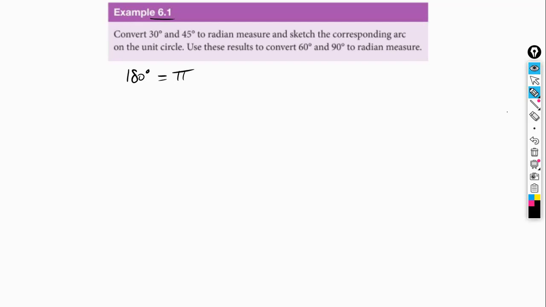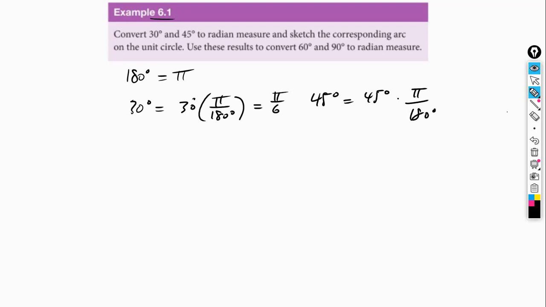Therefore, that means that 30 degrees is equal to 30 times pi over 180 degrees, and this is going to give us pi over 6 radians. Likewise, 45 degrees would be equal to 45 degrees times pi over 180 degrees, and this is going to give us pi fourth radians.